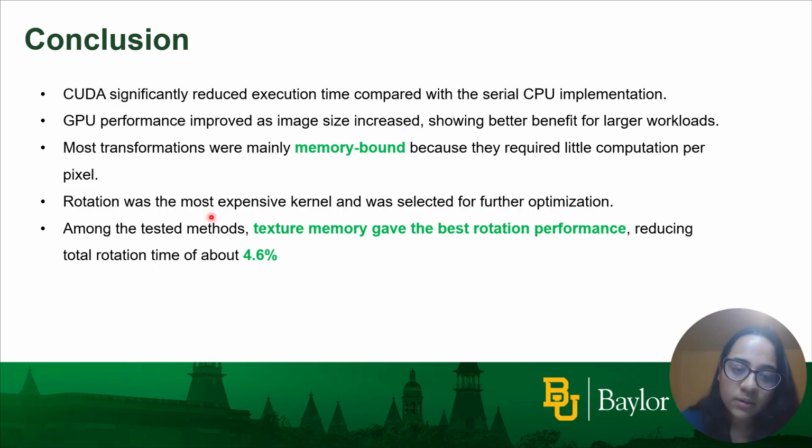Rotation has the most operations and is the most time expensive. That's why I chose it for further optimizations, and among all the optimizations, texture memory gave the best rotation performance and it reduces the rotation time by 4.6%.